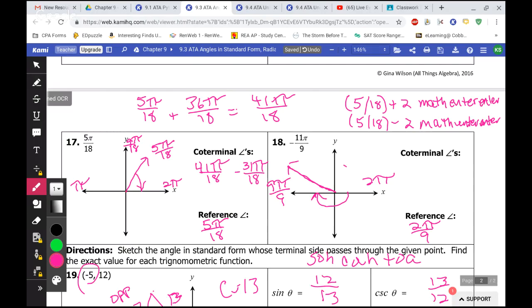So if this is my angle right here, 11 pi over 9, this is the terminal side of that angle. So what is the difference between 11 pi over 9 and 9 pi over 9? 2 pi over 9. So that's where I got it. Oh, okay. That makes sense. All right, good.